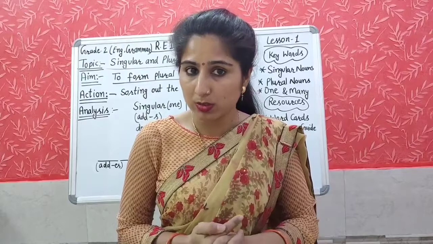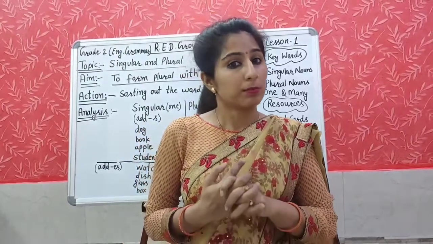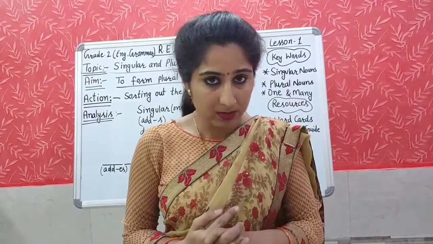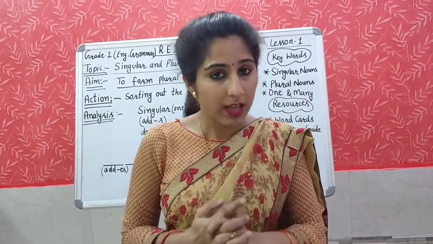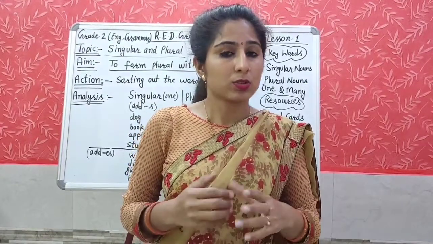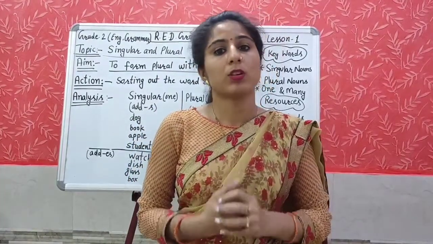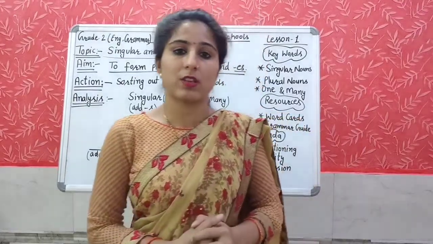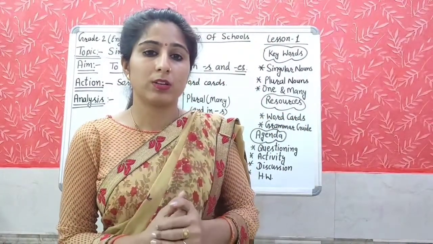And what are the plurals? The words which tell us about more than one person, place, animal and thing are called plural nouns. So these are the singular and the plural nouns. So how do we change them from singular to plural?